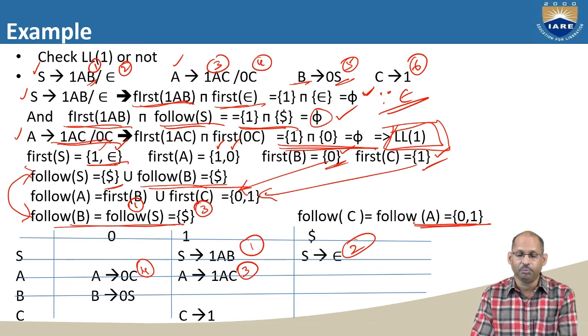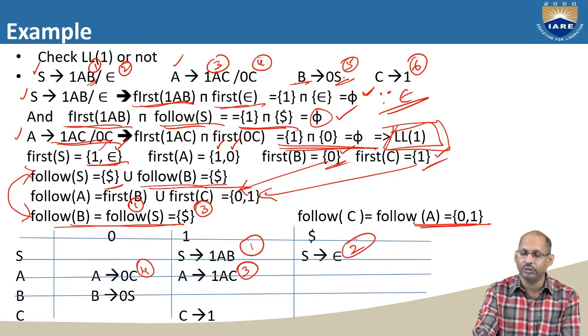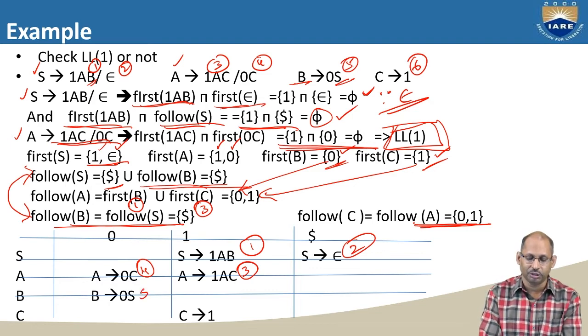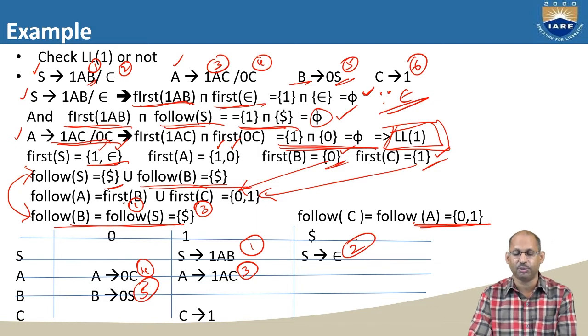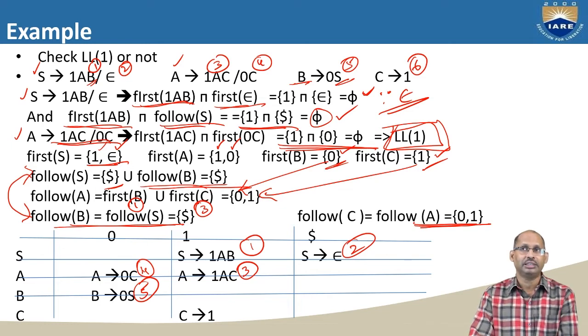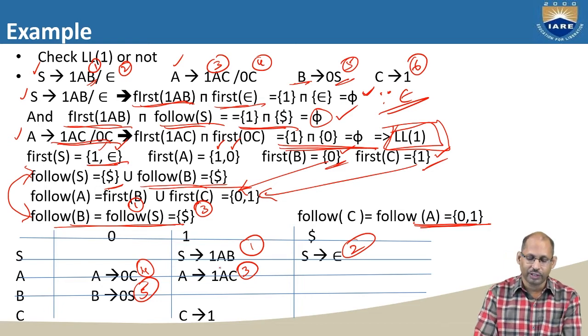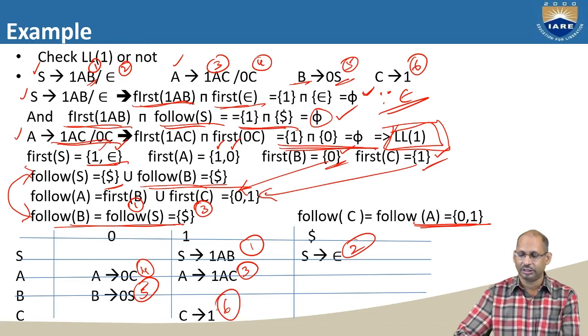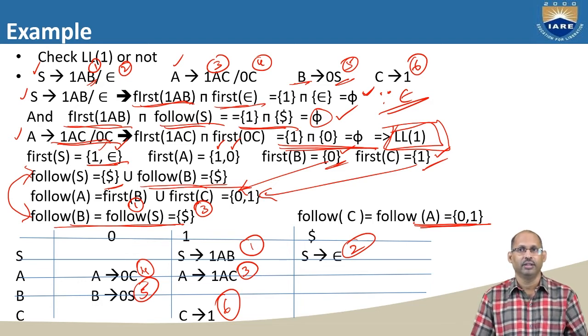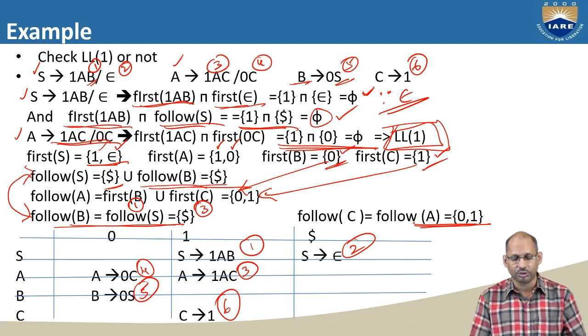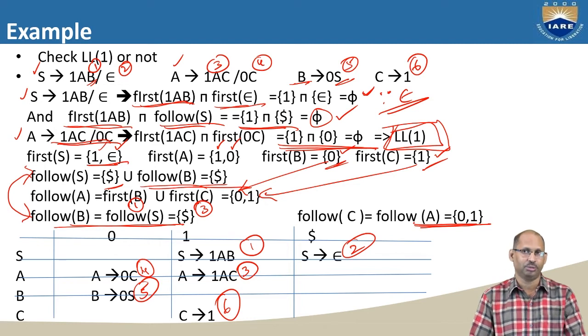Then for the fifth production, B gives 0, so B and 0, we write the fifth production. Finally, the sixth production: C gives 1, so C comma 1, we write the sixth production under 0, 1 columns.